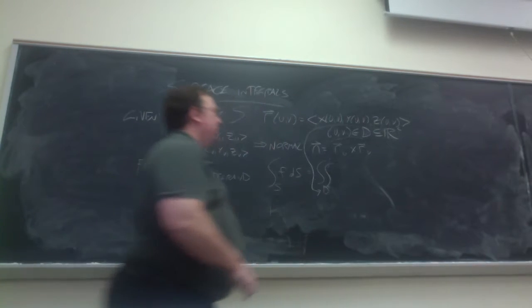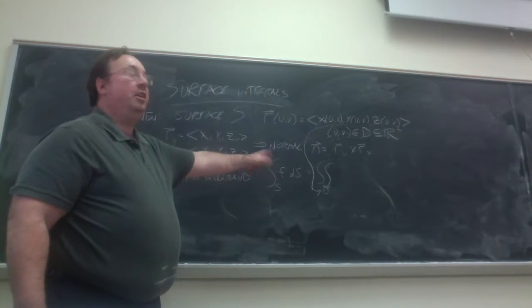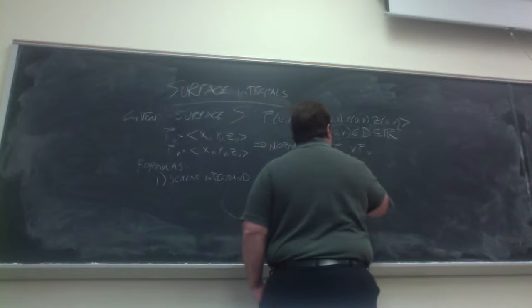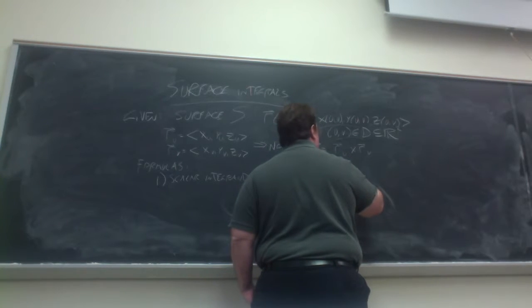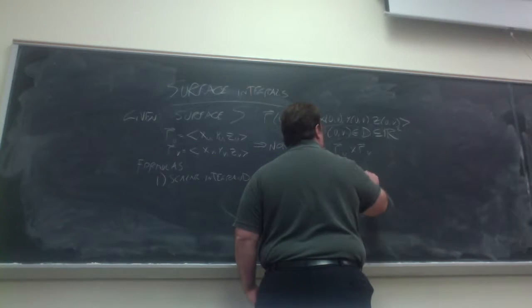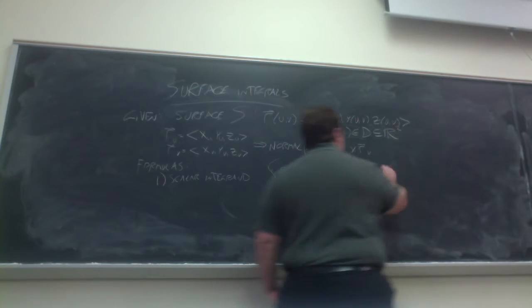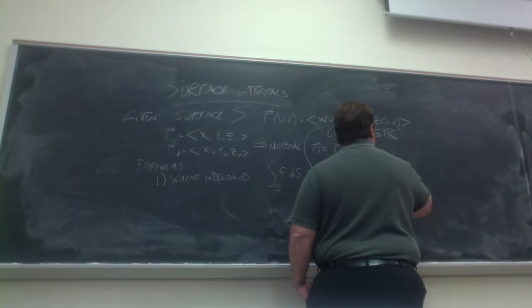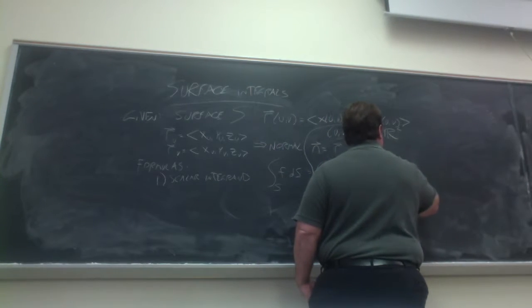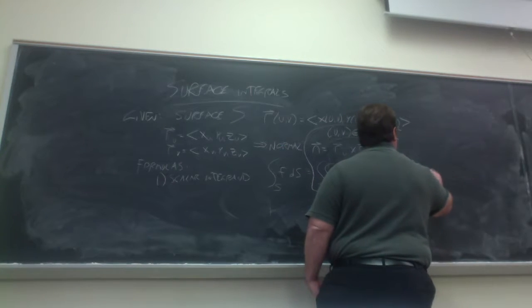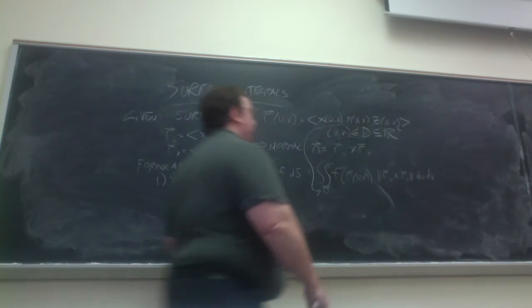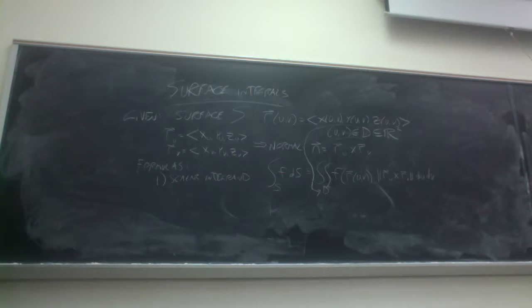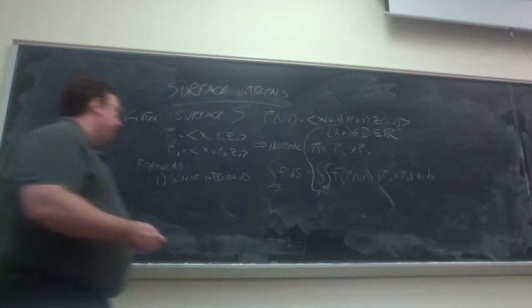Whatever domain you have your parameters in is the domain you're integrating over. And you have your integrand with your parametric equation substituted in for x, y, and z. And then you have the magnitude of your normal vector. And you integrate that with respect to your parameters u and v.